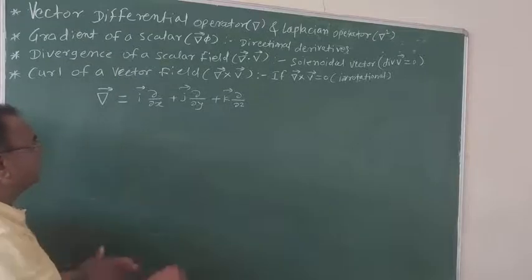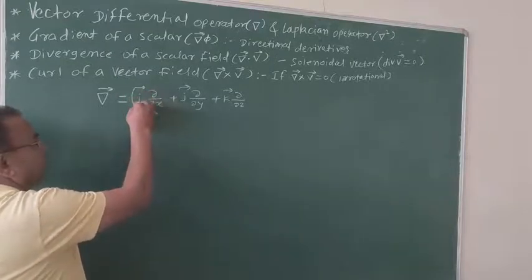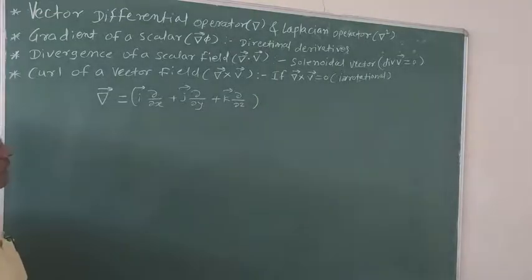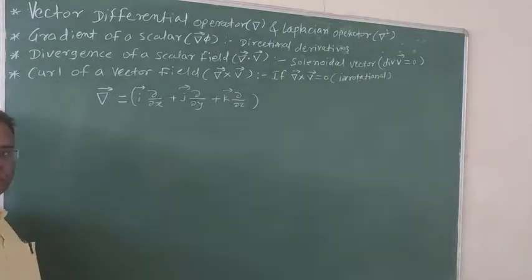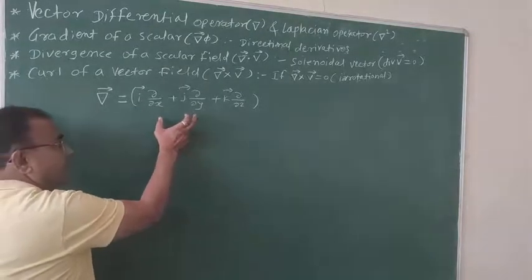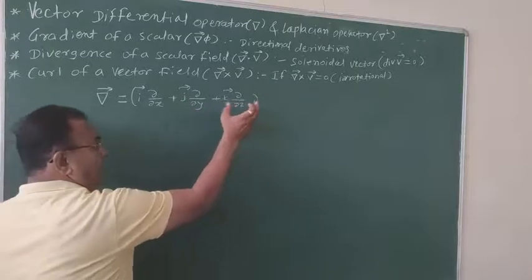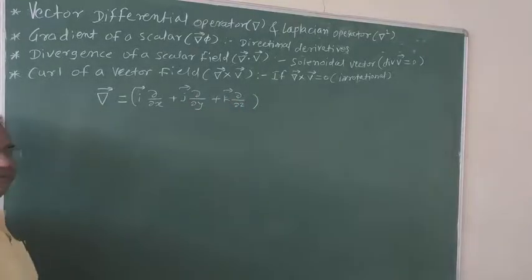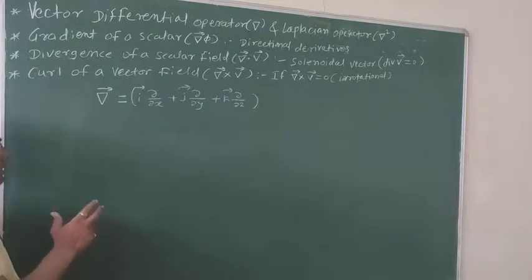Such an operator is known as the del operator, or Nabla operator, and this can be operated on a scalar field or a vector field. Therefore, it is called an operator.